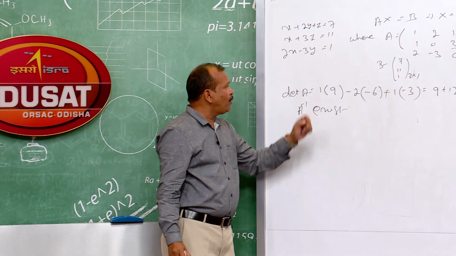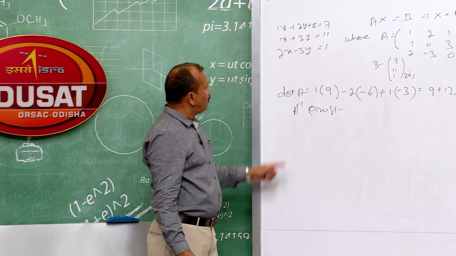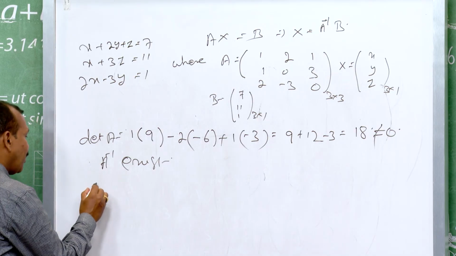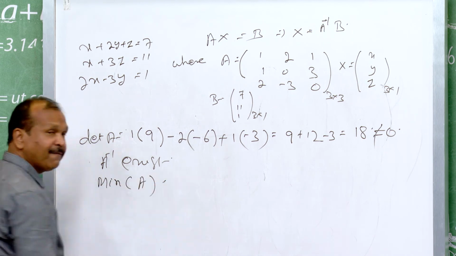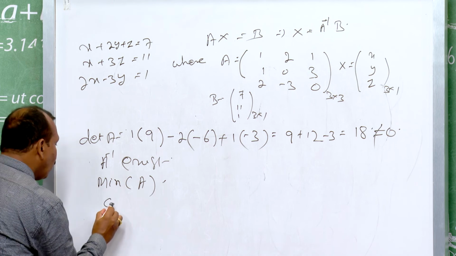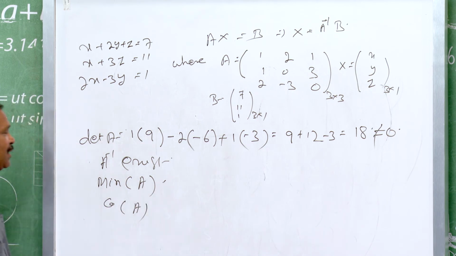Next we have to find the adjoint matrix: the minor of the A matrix, then the cofactor of the minor matrix.